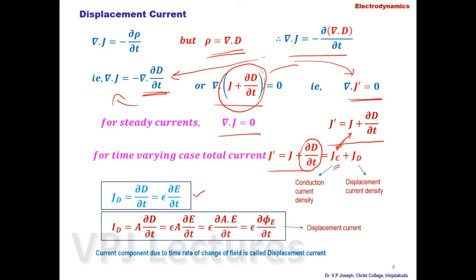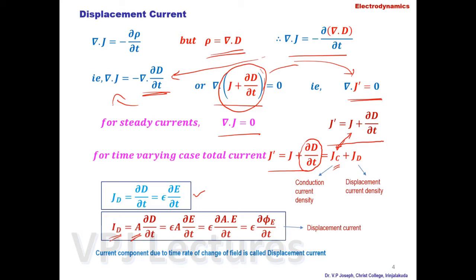And the expression for displacement current Id is simply current density into area. So we are multiplying the density with the area of the current carrying section, or the field region.